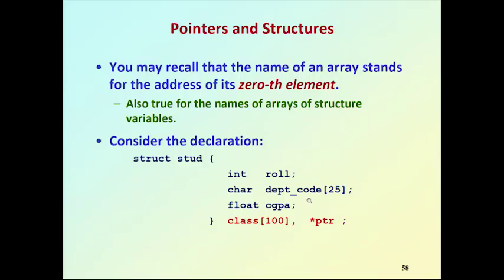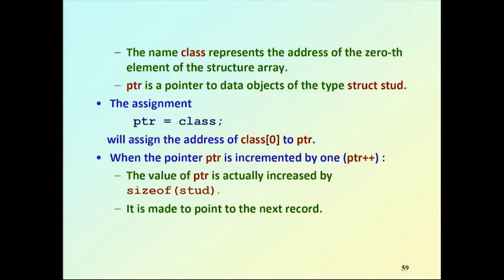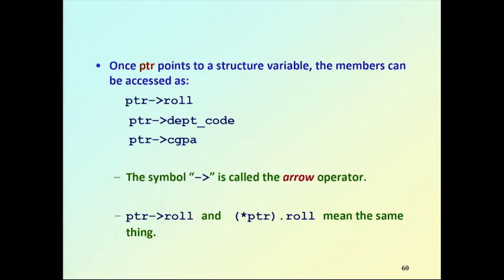PTR plus plus means it will go to the next structure, and how many bytes are required for this stud structure, padding again has to be considered. That means the order of declaration of role, department code and CGPA will come into the picture, and then the size will be given. It is made to point to the next record. That means if it was class 0, then it will be class 1, and it will go on like that.